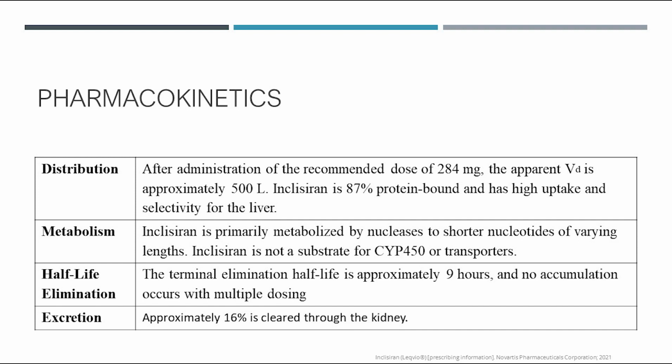Inclisiran is primarily metabolized by nucleases to shorter nucleotides of varying lengths. Importantly, inclisiran is not a substrate for CYP450 or other transporters. The half-life for inclisiran is approximately 9 hours, and no accumulation occurs with multiple dosing. Approximately 16% of inclisiran is cleared through the kidney.